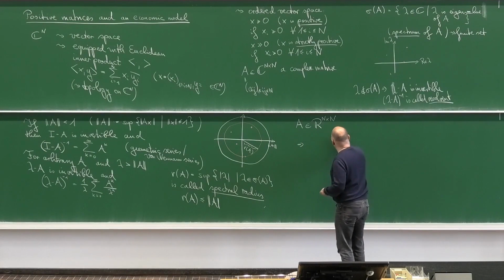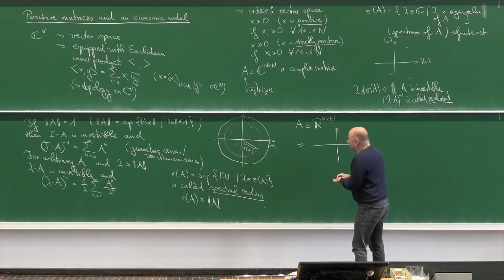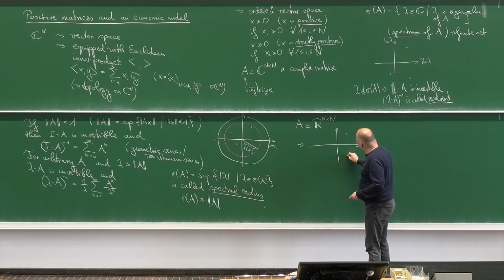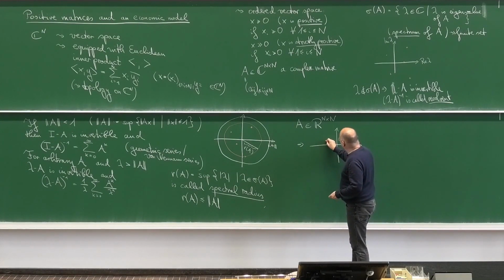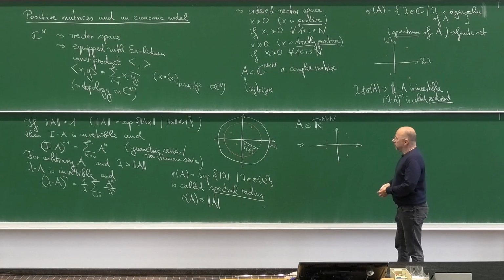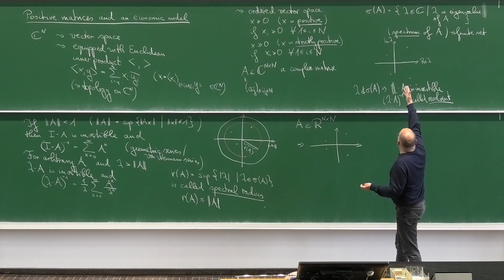So in that case, whenever you have one eigenvalue, the complex conjugate is also an eigenvalue. And if you have one here, you have also one here, and maybe you have also a real eigenvalue. It seems I always draw 5 eigenvalues.